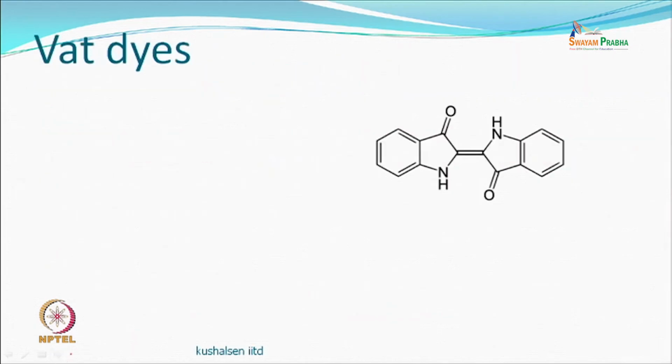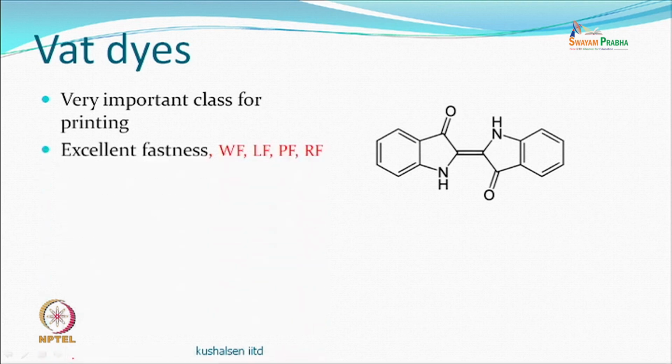So let us say vat dyes, they are generally used for printing without any doubt. Okay. Why? They have all kinds of fastness which are very good. Very important from the printing point of view. You look at the wash fastness, you look at light fastness, all kinds of fastness. They are very nice dyes, but they are expensive.